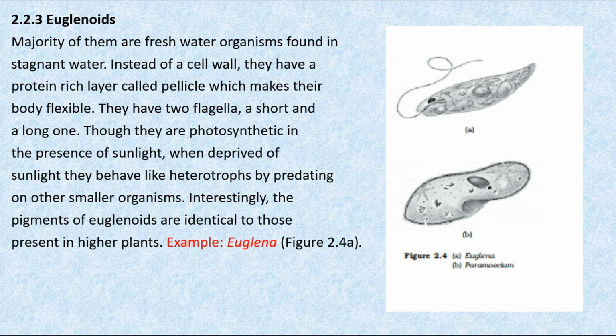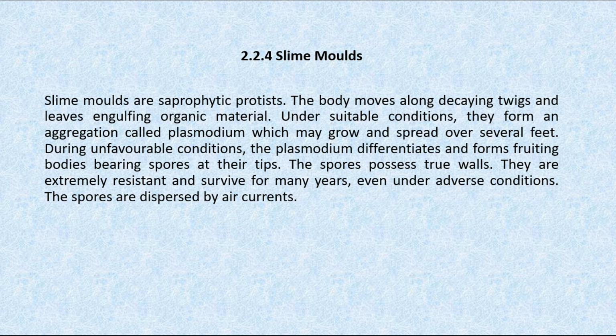Though they are photosynthetic in the presence of sunlight, when deprived of sunlight they behave like heterotrophs by predating on other smaller organisms. Interestingly, the pigments of euglenoids are identical to those present in higher plants. Example, Euglena.